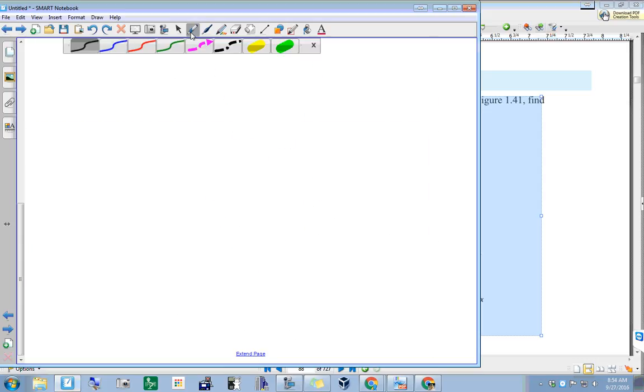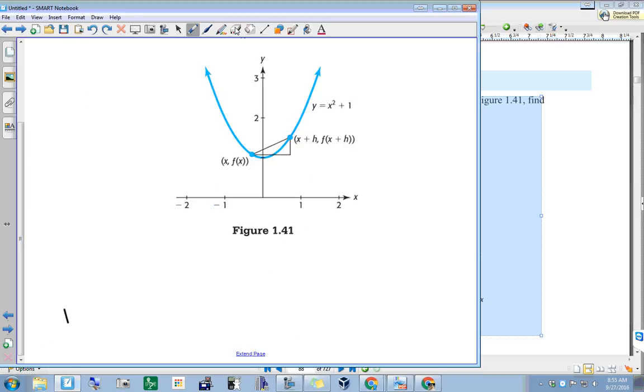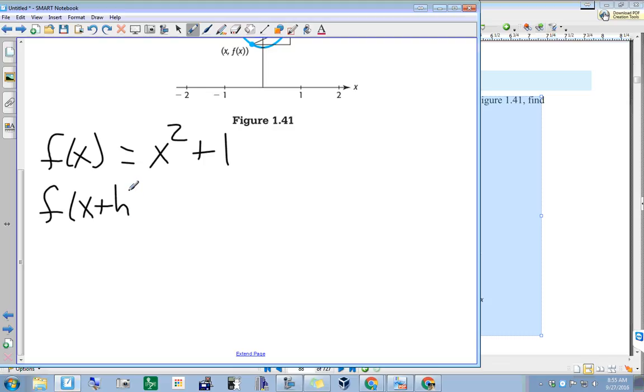Our original equation is y, I should say, back up, sorry. f of x is equal to x squared plus 1, correct? They want us to find f of x plus h.